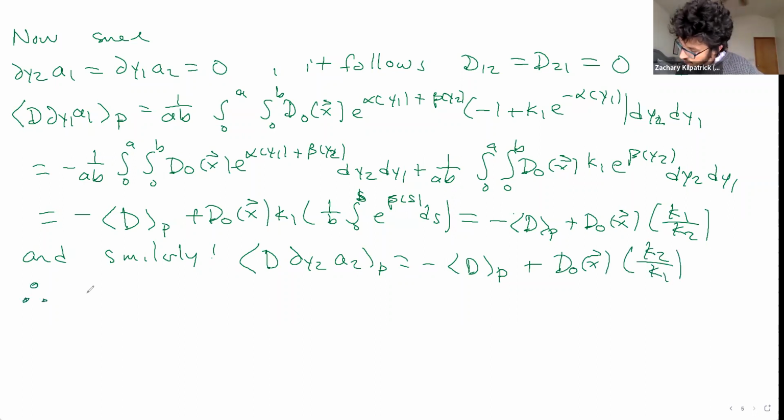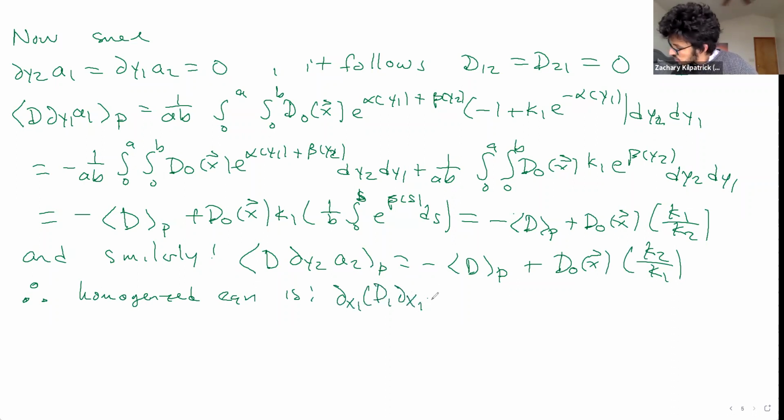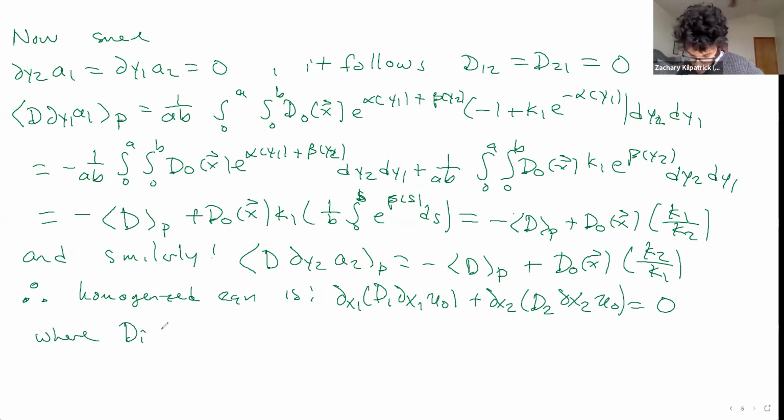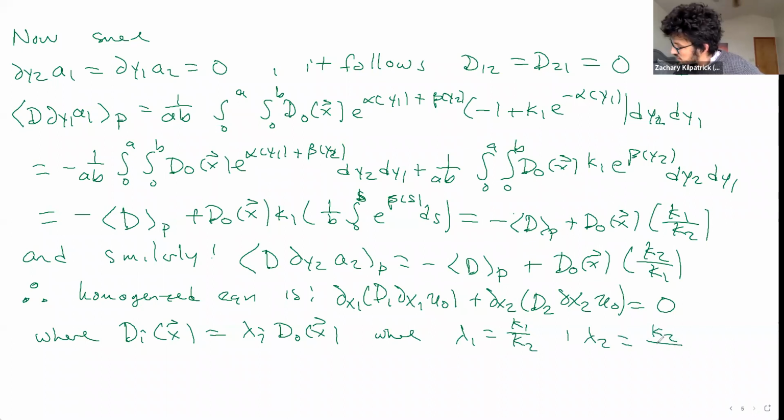Okay, so therefore the homogenized equation is the following: dx1 d1 dx1 u0 plus dx2 d2 dx2 u0 is equal to 0, where di of x is equal to lambda i d0 of x, where we're defining lambda 1 is equal to kappa 1 over kappa 2, and lambda 2 is equal to kappa 2 over kappa 1.